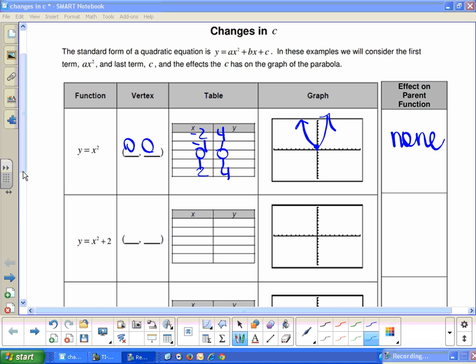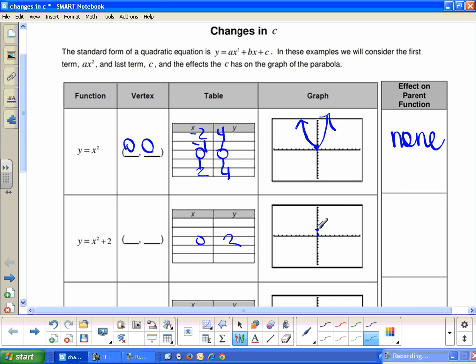So the same thing here. If I start at 0 for x, I'm not going to get 0 over here. Because 0 squared plus 2 is what? 2. So what happened is instead of starting here, we moved up and we started here.